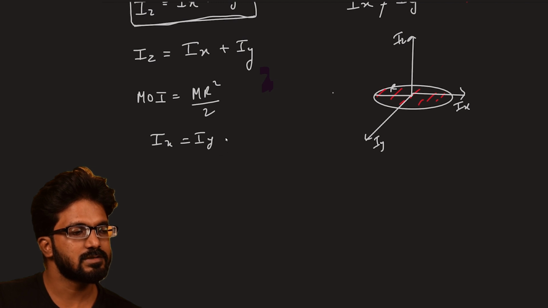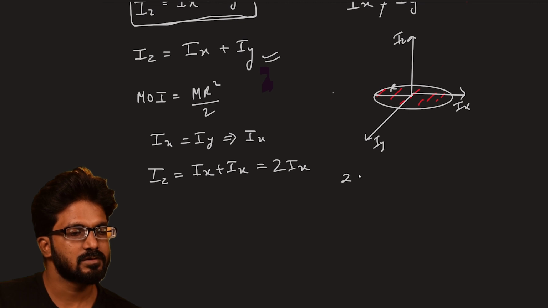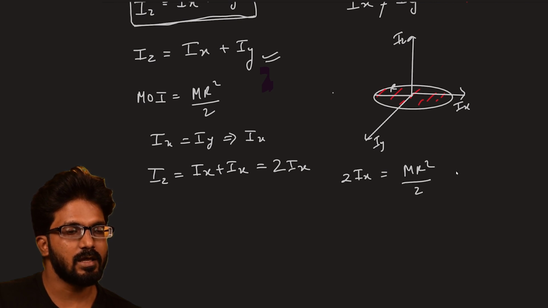By using the perpendicular axis theorem, Iz is equal to Ix plus Ix, which is nothing but 2Ix. So 2Ix is equal to mr square by 2, which means Ix is nothing but mr square by 4.